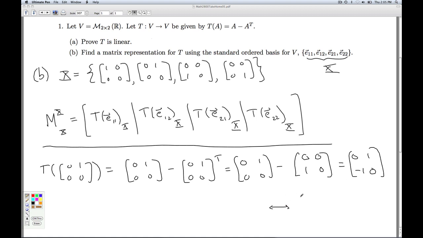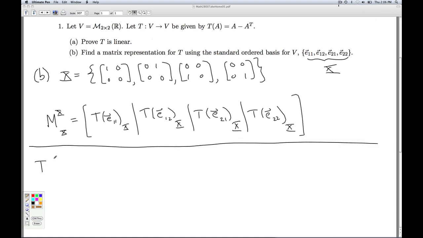So what is this in X coordinates? I have none of these, I have 1 of these, I have negative 1 of those, and none of those. So this is now going to be the second column in my matrix.